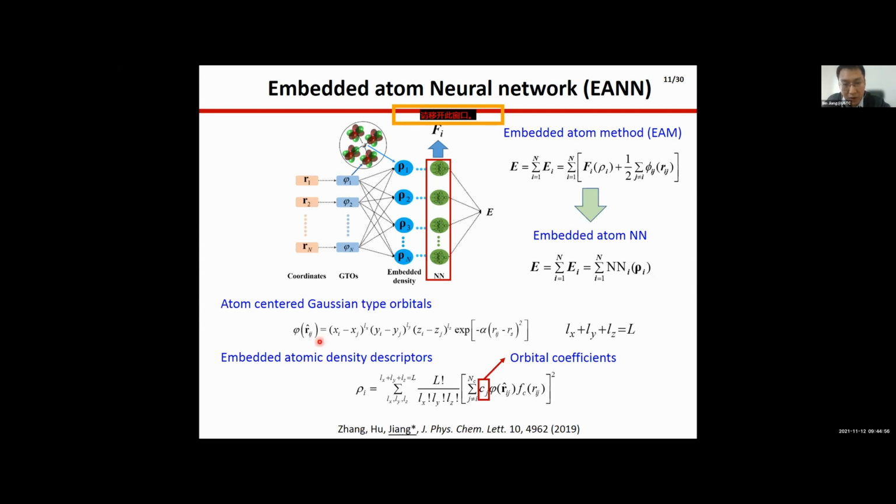From quantum chemistry, we know that the density is the square of the wave function of the system. So we construct the Gaussian type orbitals of neighbor atoms and square them to get the embedded density descriptor. And here we have the orbital coefficients, which can be optimized along with the neural network parameters.